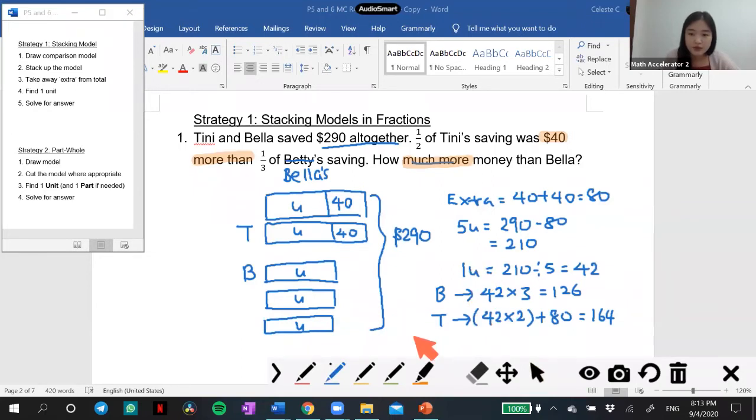Right, so find the difference. 164 minus 126. I believe this is how much more money does Teeny have than Bella? Yeah, so they're asking for the difference. 38, okay. Right, so that's your answer, $38.